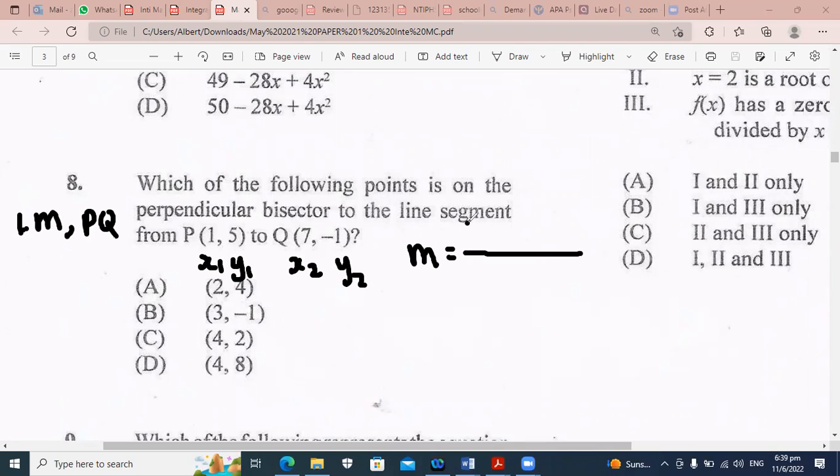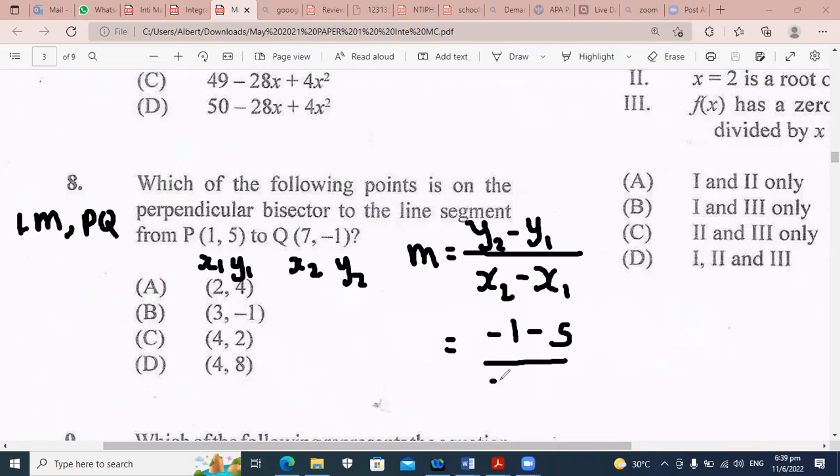Rise over run. So it's y2 minus y1 over x2 minus x1. You use rise over run when you have a graph, but there's no graph here. So this is -1 subtract 5, over 7 subtract 1. What is that, class?